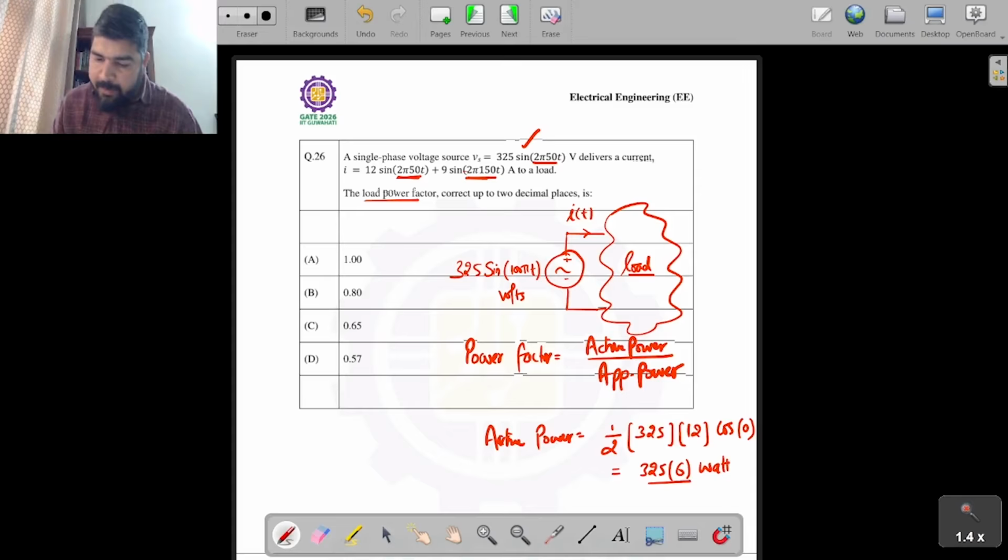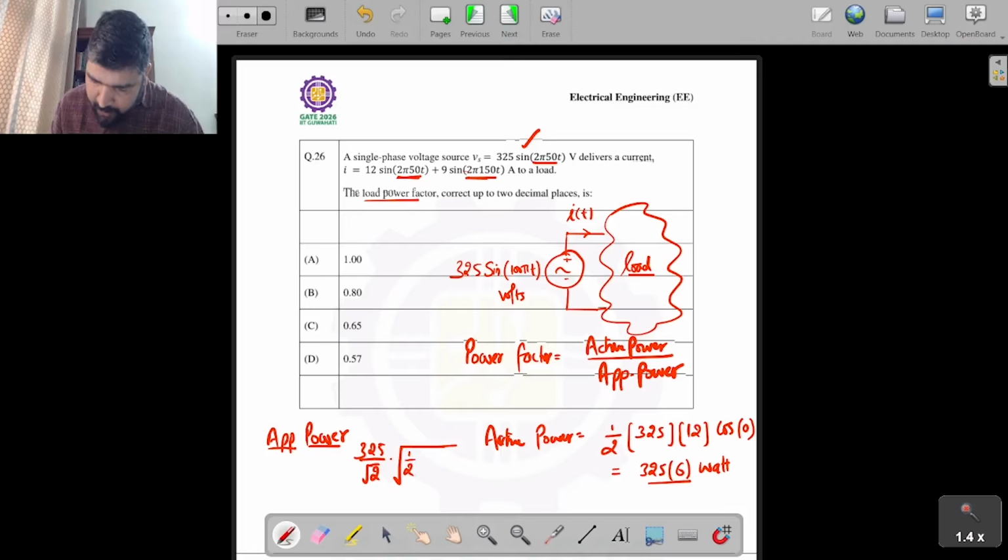Now how much apparent power is delivered by the source? Apparent power is the RMS value of this voltage times the RMS value of this current. If we multiply them, we'll get the apparent power. So apparent power will be 325 by root 2, this is the RMS value of the voltage, into the RMS value of current.